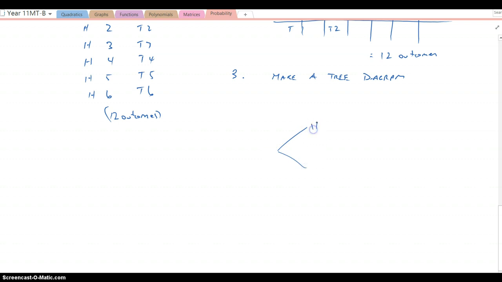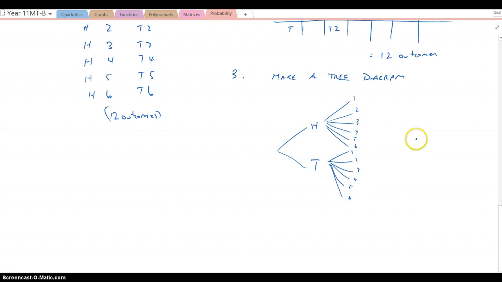Each branch represents an outcome. So in this case, tossing a coin, head or tail, and then on the back of that, we've got to roll a die. So we've got quite a busy tree here, with all these branches. At the end of each of these branches, we write down the outcome.